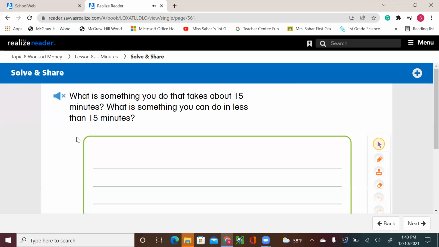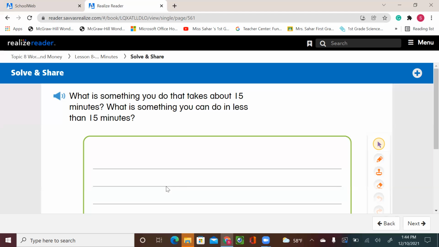What is something you do that takes about 15 minutes? What is something you can do in less than 15 minutes? In 15 minutes, I can ride the bus from home to school. In less than 15 minutes, I can eat a snack.